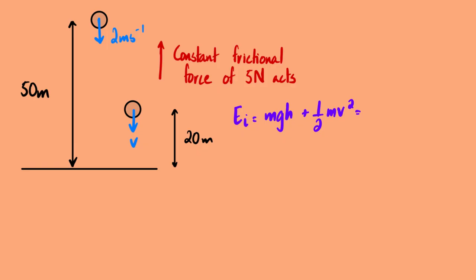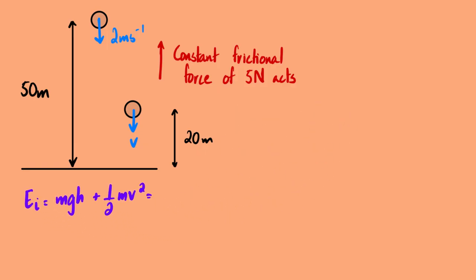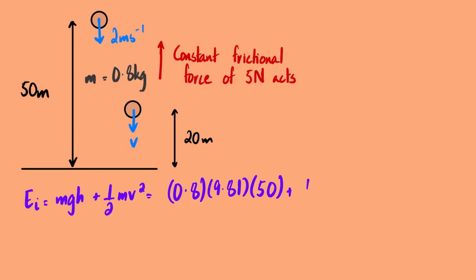Okay, can I just grab this? Yeah, I can. So mgh, again, I forgot to give you guys the mass. So let's say that the mass of this object is 0.8 kg. So 0.8 into small g, which is 9.81, into h, which is 50, plus half into 0.8 into 2 squared, and I'll find this value.